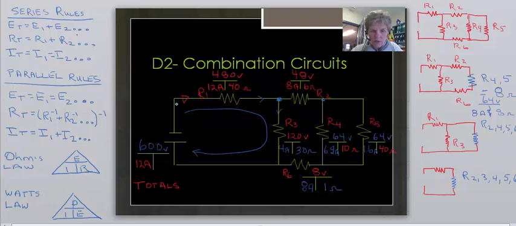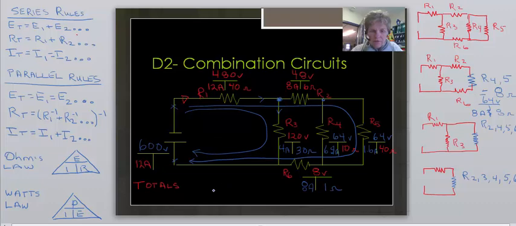So across the source, which is across the negative and the positive, if I take another closed loop, run it right out and all the way back. And what I'm looking for now is everything around that outer loop. If you notice, I'm not going to add R3 or R4 in this circuit because they're not included. They're in parallel already. They're already counted for.